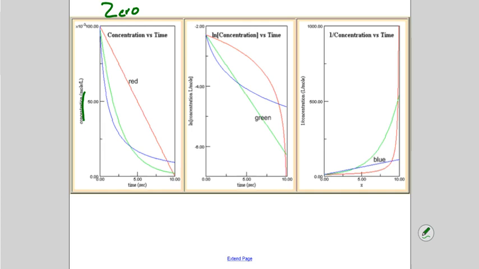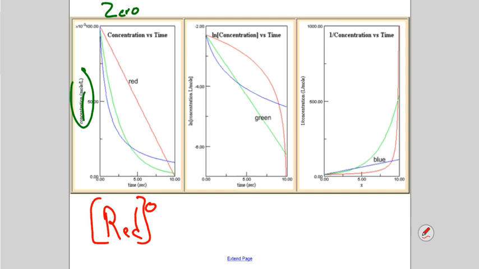Since the graph right here is concentration versus time, automatically I know that this is zero order. So whatever red is as a compound, since it's red, let's make it red, red is going to be to the zero order.